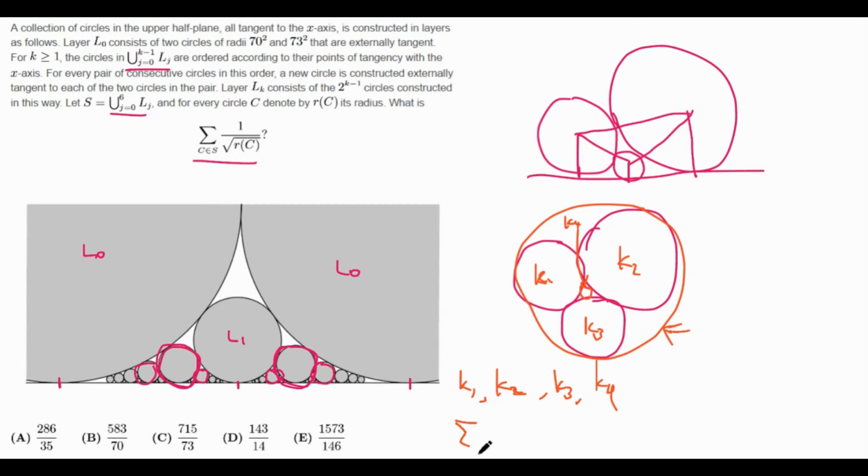The sum of all the k's, so k1 plus k2 plus k3 plus k4, squared is equal to 2 times the sum of all the k squared. So k1 squared plus k2 squared plus k3 squared plus k4 squared.